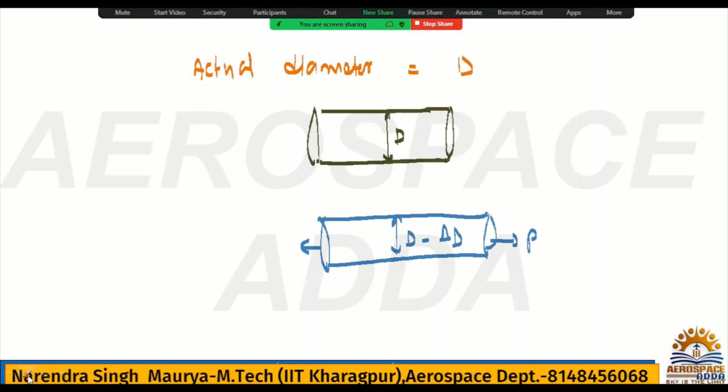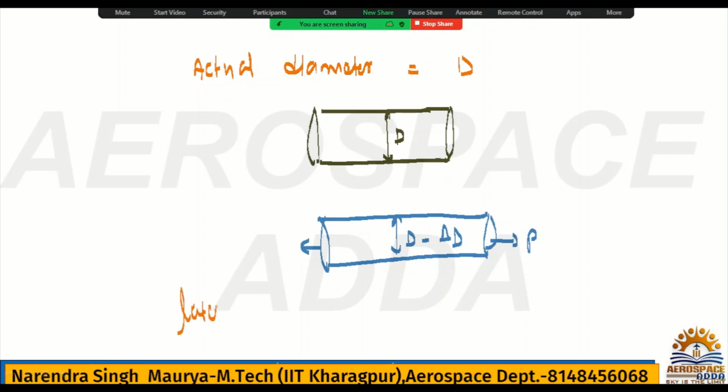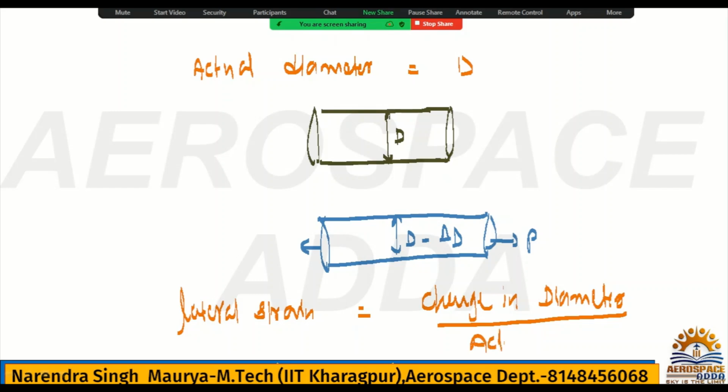So what is the lateral strain? Lateral strain is nothing but the change in diameter divided by the actual diameter.